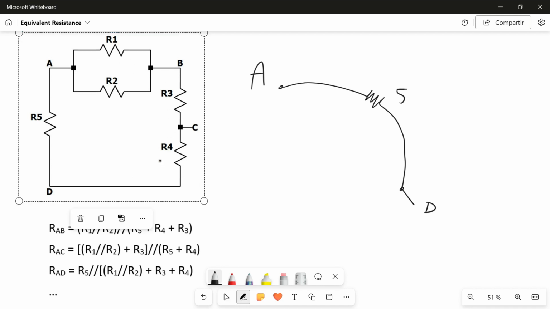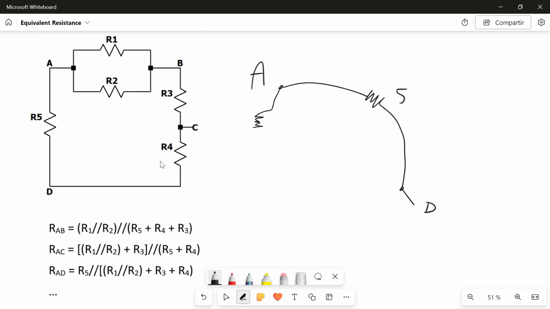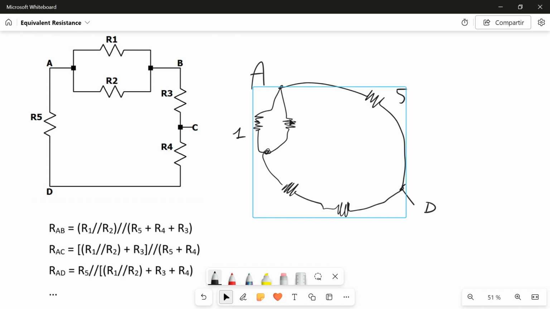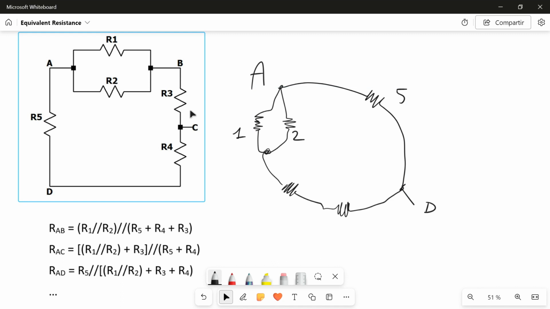So I will have R1, R2, then R3, and R4, and then D. So R1 in parallel with R2 plus R3 and R4.